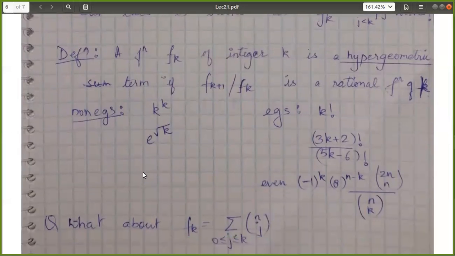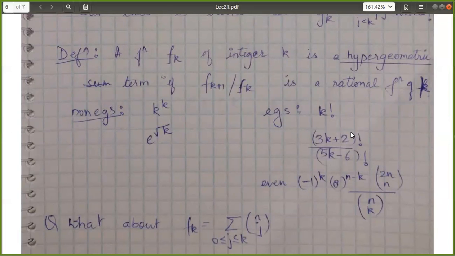What can you say about this particular function as f of k? Whenever you are dealing with binomial coefficients, most of the binomial coefficients turn out to be hypergeometric terms. For this very reason, they ultimately look something of this type.